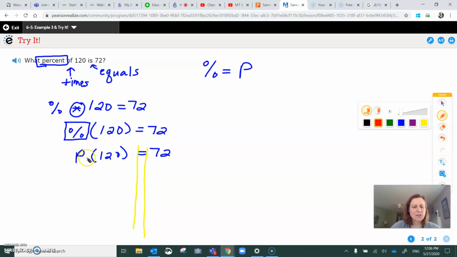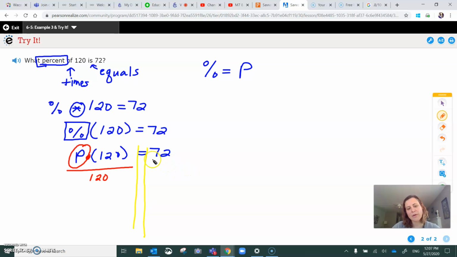This says 120 times P. Well, if you want the letter P to be alone, you have to do the opposite of multiplying by 120, and the opposite of multiplying is dividing.